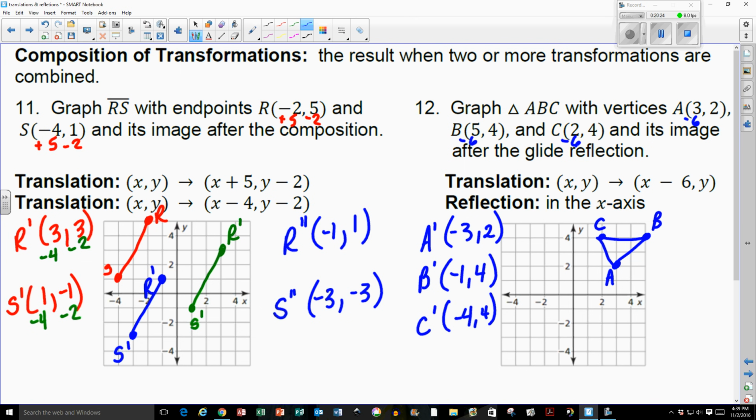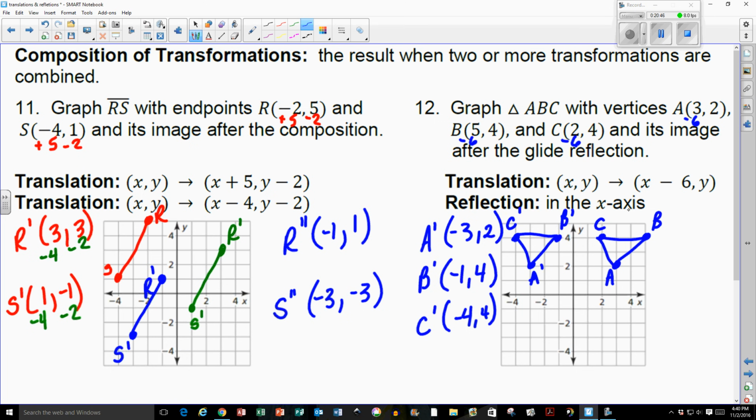So now here are my new points. So my new points are -3, 2, -1, 4, and -4, 4. So now here's ABC. So A prime, B prime, C prime.